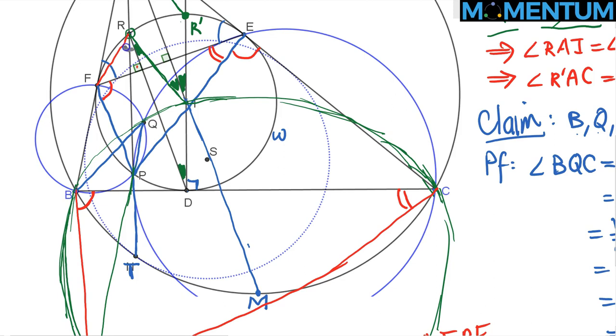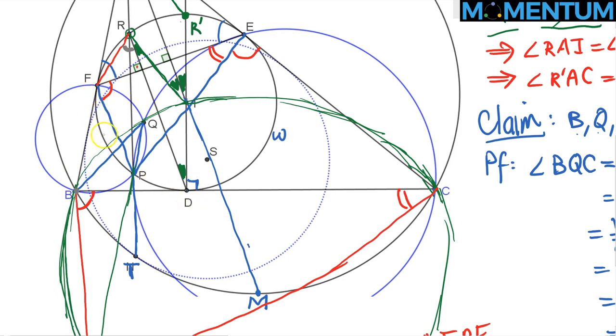So this angle subtends arc FD, which you can easily establish because from point B you have tangents to the incircle, and the tangents are at the points D and F. So therefore it should be quite simple to calculate that angle BFD is just 180 minus B over 2, or 90 minus B over 2.